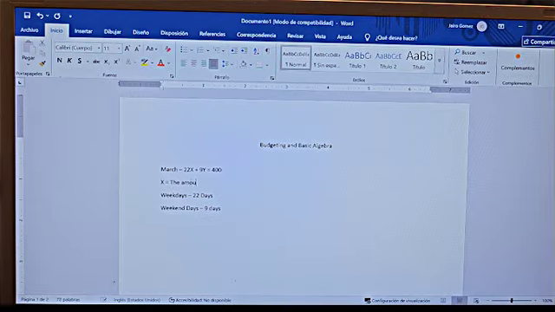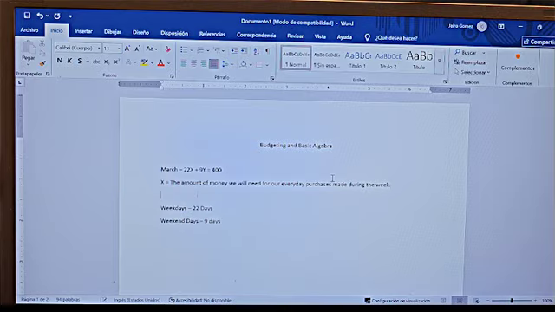X is the amount of money we will need for our everyday purchases made during the week, and y will be the amount of money we will need for our expenses during the weekend.